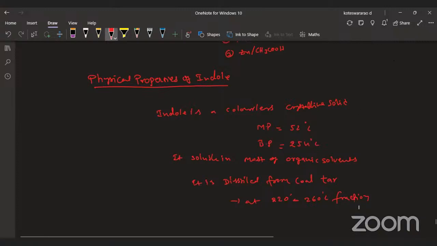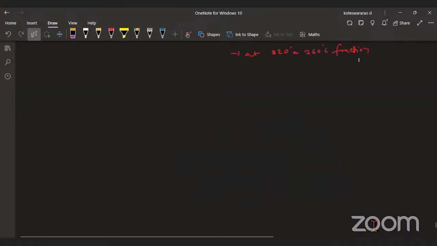Next, chemical properties. What chemical properties can it show? Indole is an aromatic heterocyclic compound, because a 5-membered nitrogen heterocycle is fused with benzene. Therefore, it is an example of an aromatic heterocycle with 10 pi electrons. Indole is an aromatic compound. It follows the Huckel rule, the 4n plus 2 electron rule, and therefore it is aromatic.